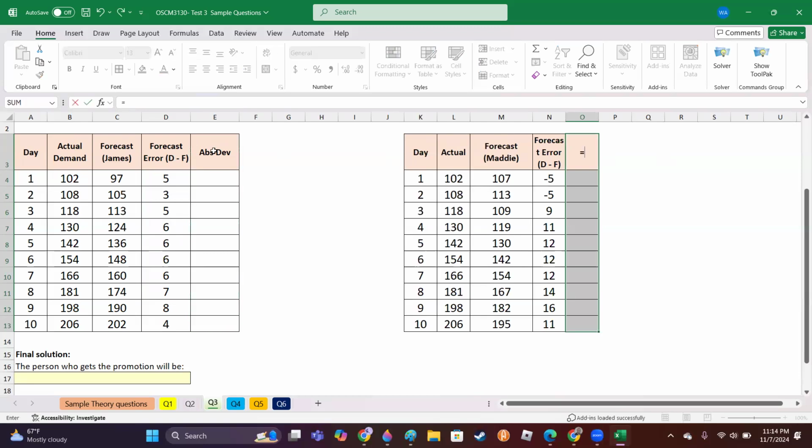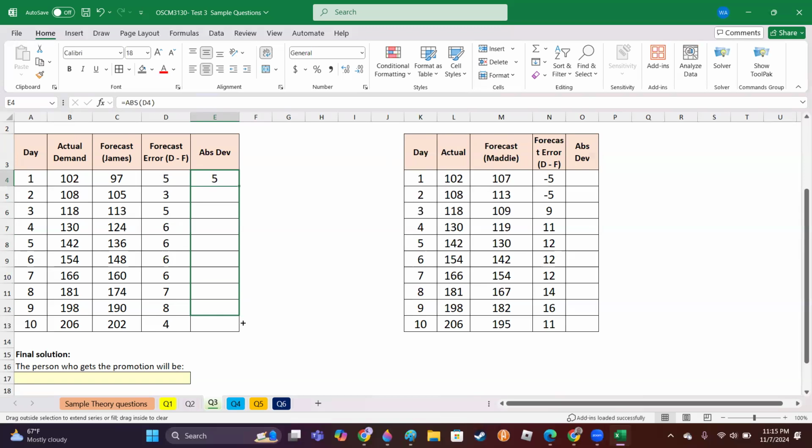So let's start with James. For James, his absolute values, which are the same as the numbers here, are going to be 5, 3, 5, 6, 6, 6, 6, a whole bunch of numbers there. And I'll repeat this with Maddie.